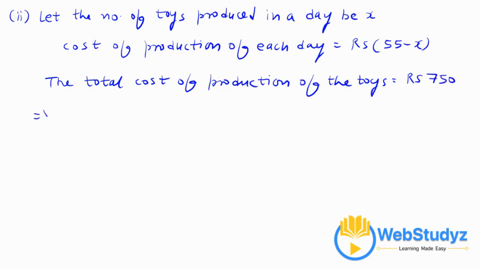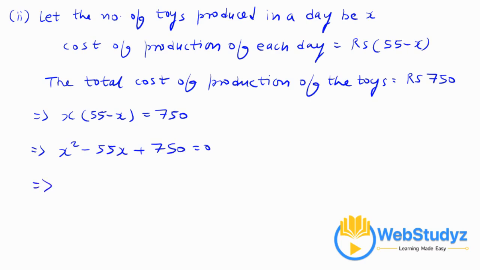So as per this, we can write that x into (55 minus x) will be equal to 750. Solving this, we get x square minus 55x plus 750 is equal to 0.